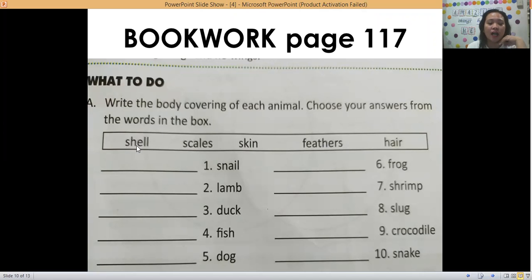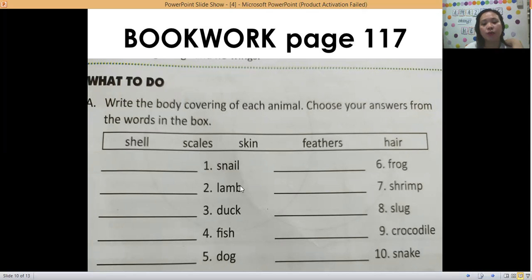You can use shell many times if it is appropriate to the animal. Also the scales, the skin, feathers, and hair. So number 1, what is the body covering of snail? Is it shell, scales, skin, feathers, or hair? Please choose.